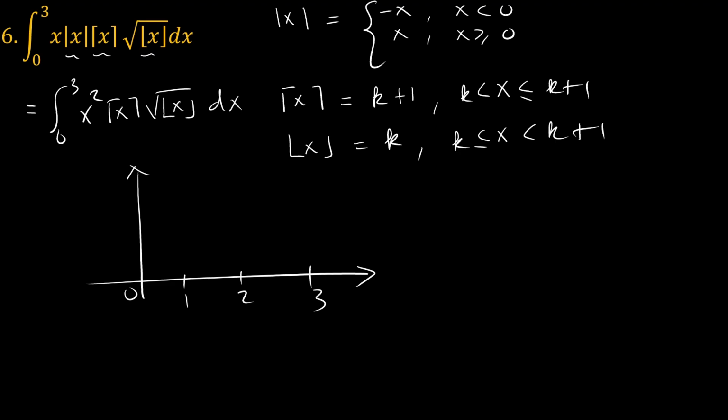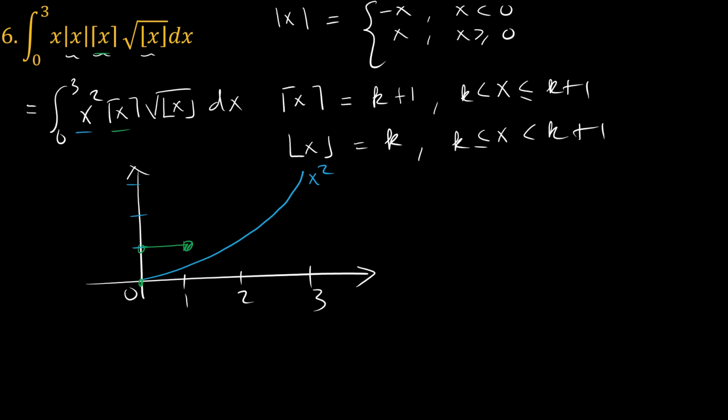So we're going to do color coding now. For x squared, we have 1, 2, 3, and we're going to have something like that. That is x squared. For the ceiling of x, from 0 to 1 we have 1 all the way up to here.